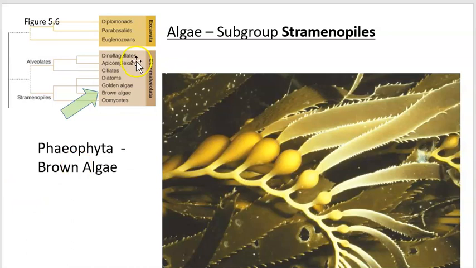When you look at the brown algae, what's known as the phaeophyta, this is the most complex form of algae that we can find in the marine environment. They can be microscopic to something like the kelp that we commonly see off the coast of California, and this guy can grow 1 meter in 1 day. So they are extremely fast growers.